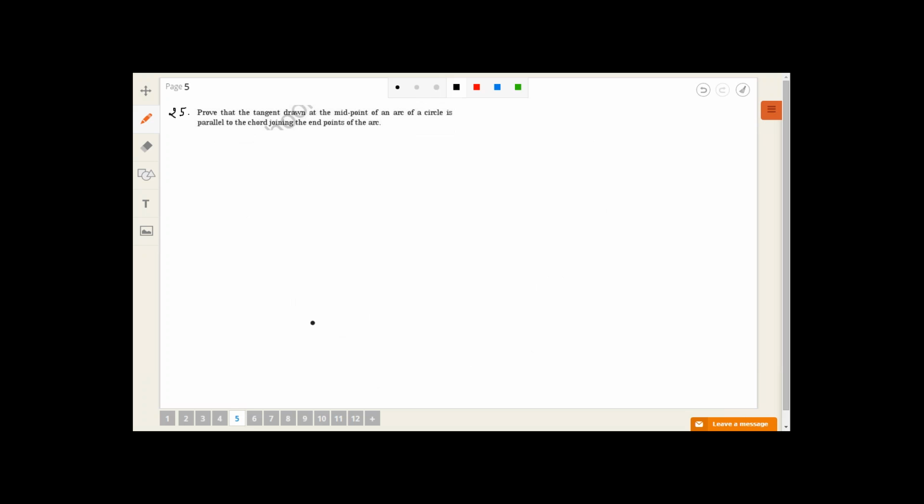Next question, 25th question, it says, prove that the tangent drawn at the midpoint of an arc of a circle is parallel to the chord joining the endpoints of the arc. Now let me draw the diagram for you, which is very important.